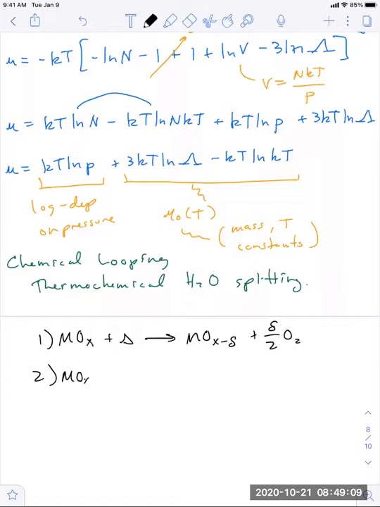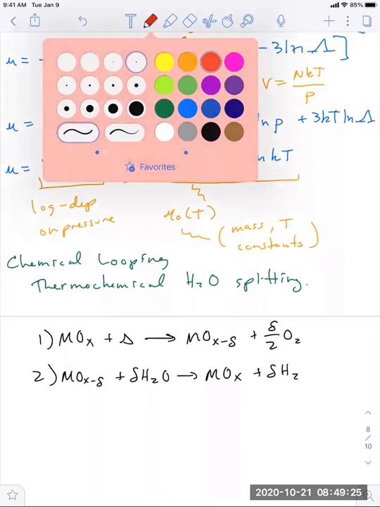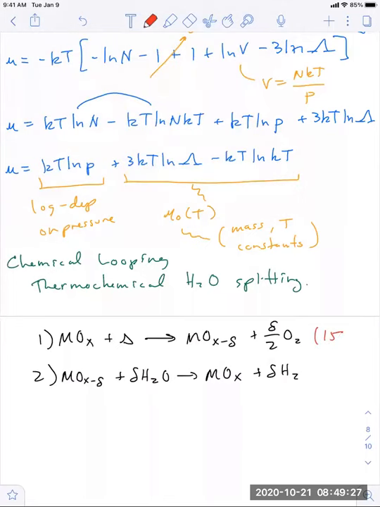So we take our reduced metal oxide and expose it to steam. That reforms our oxidized metal oxide, this MOx, and then liberates our valuable product, hydrogen. This is a very high temperature process. So we usually do this step at about 1500 C, and this step at maybe about 1000 C.